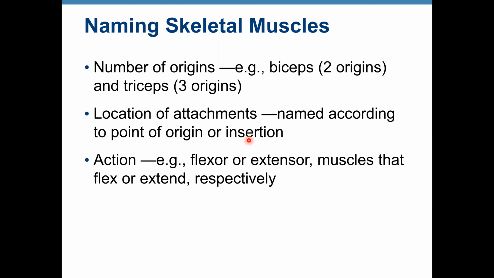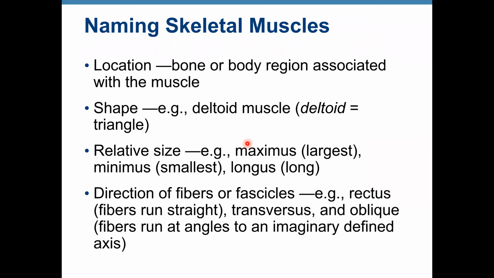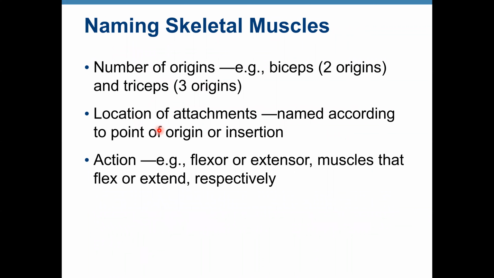This is where the insertion is, carpal bones, and radialis will be this location on the body. So it's on the radial side of the forearm, right? So that is location of attachment, and we can use action, like I told you, like flexor carpi radialis, extensor carpi ulnaris. So that's represented by action.